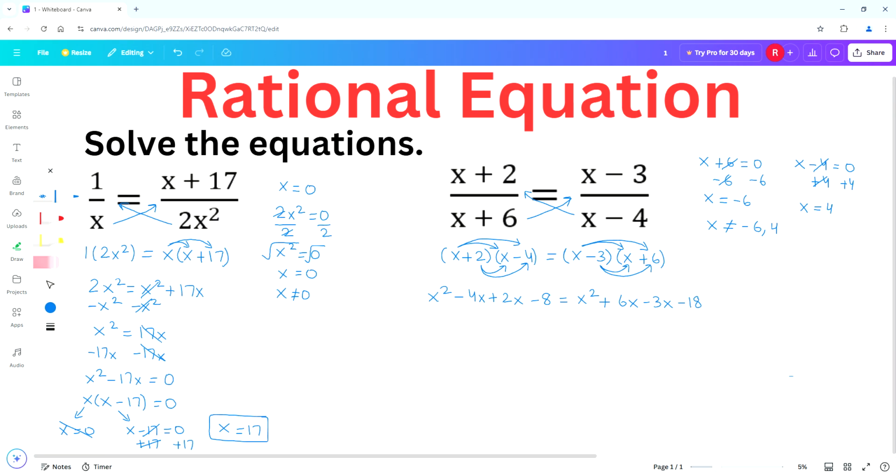Now we can combine the like terms on the left side and the right side. Negative 4x plus 2x is equal to negative 2x. Six x minus 3x is equal to 3x.